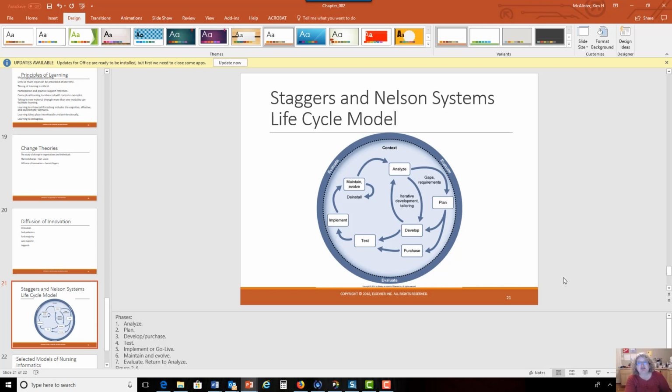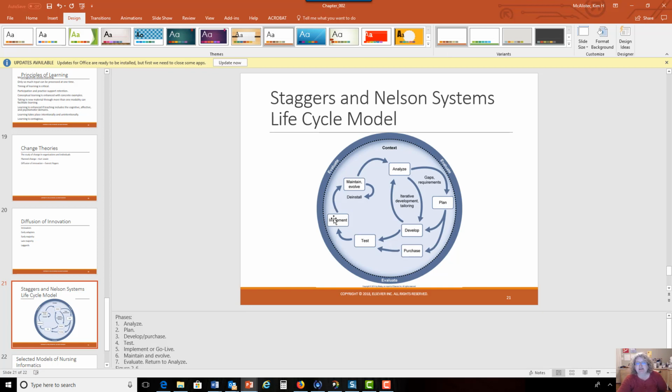So in just the general concept of the life cycle of pre-implementation, implementation, and post-implementation, they also add the concept of a spiral. You can get a sense of that through all these arrows that are circling around.